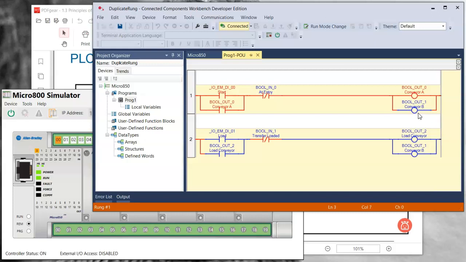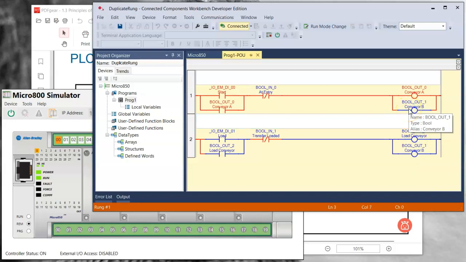The reason for that goes back to how we solve the logic. We start with rung 1, we go left to right. Then when we come to rung 2, we go left to right. Rung 2 is saying the load switch is not on and we don't have the latch, so rung 2 is telling conveyor B that your condition is false, you should be off.